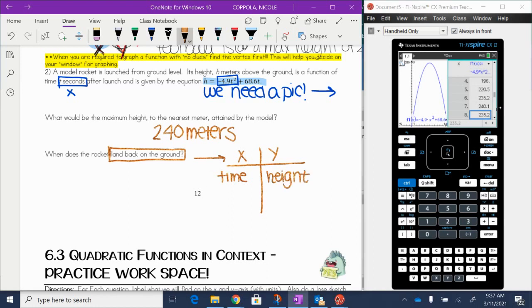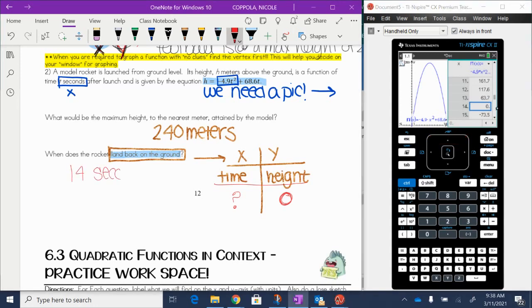When you're landing on the ground, that means my height has to be 0. So what I need to figure out is the time. We know it's starting at 0, 0, and what I'm looking for is when it lands back down, which we already knew from looking at the graph: 14 seconds.